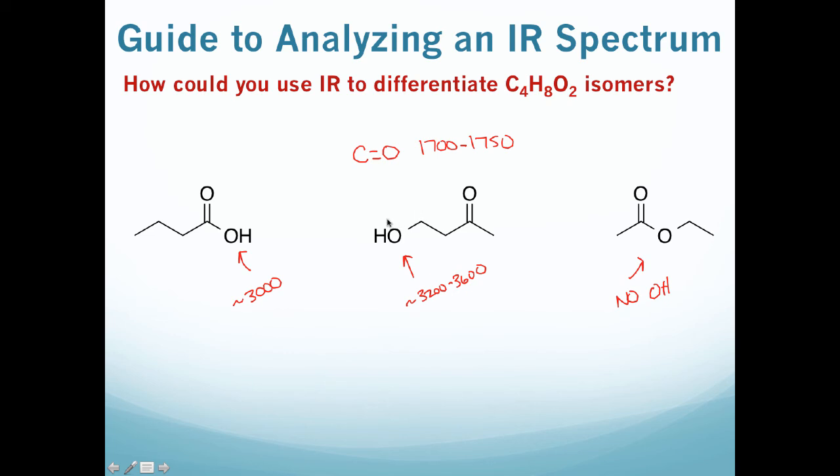Additionally, with this compound, we should see a C sp3 oxygen stretch. With the carboxylic acid, we won't see any C sp3 oxygen stretch, but we'll see a C sp2 oxygen stretch, and then in the ester we'll see both. So we should be able to differentiate the spectra between these three.